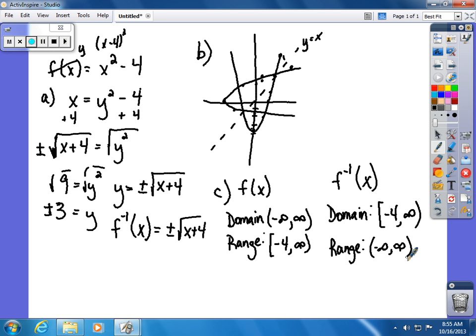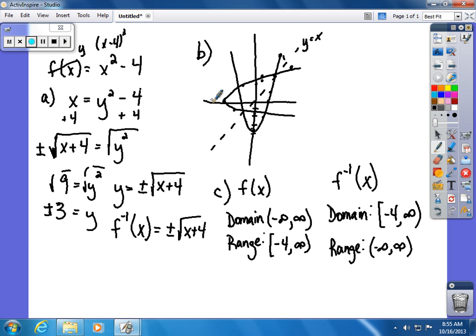Now, I mentioned earlier about points that don't work. So, for example, say you wanted to check and make sure that -4 is my cutoff point. Well, if I plug in -4 into my inverse function, I would get -4 plus 4, which is 0. And you can take the square root of 0, that's fine. It would just be 0. So that function has a value that exists at that point. But what if we plug in something a little further this way, like -5?